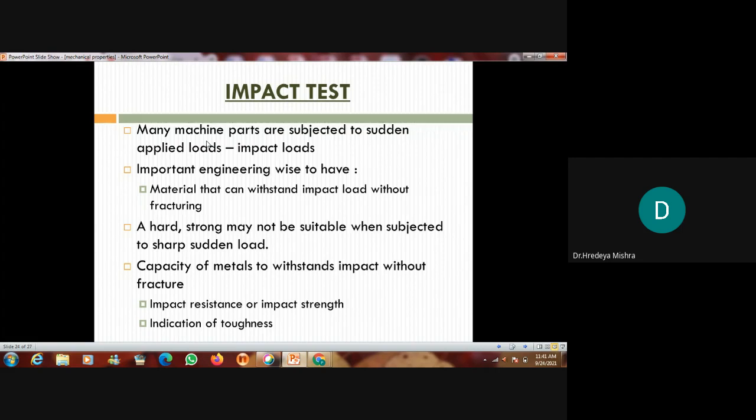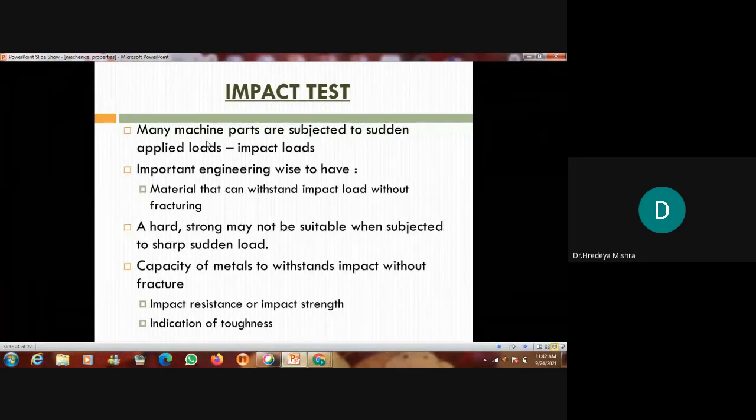Like, a component is suitable for 100 kg, and we apply a 10 kg load, and within a microsecond we just apply the 100 kg load. This is the sudden load, the impact load.